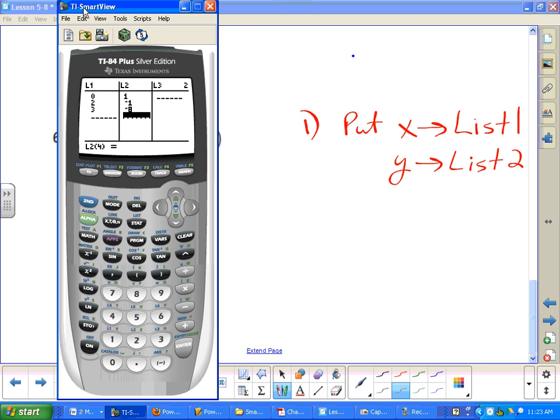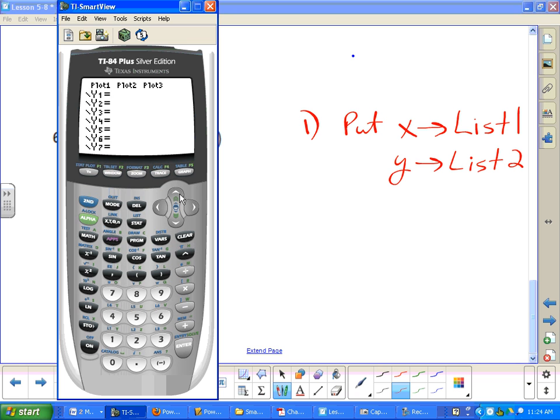Now, does anybody remember how to get a scatter plot so I can see them on a graph? Because it'd be nice to be able to see those on a graph, first of all. You got to turn on your plot. If you go to your y equals, if you have anything in there, clear it. All of our calculators should be set to do a scatter plot.